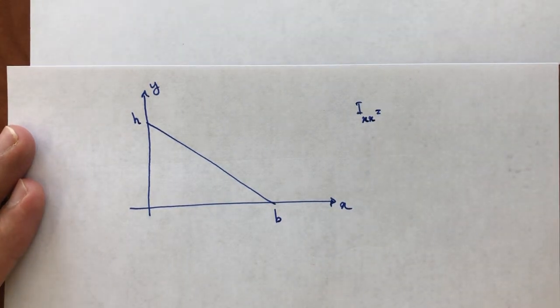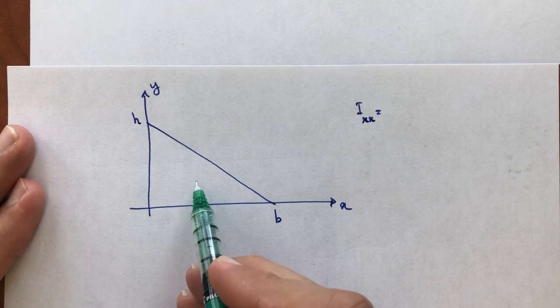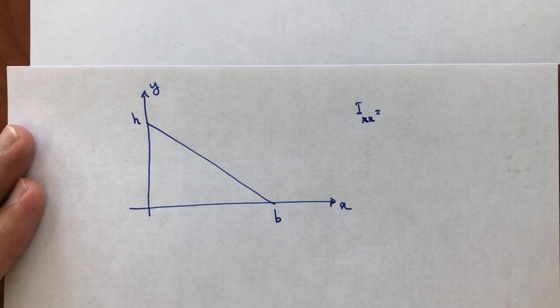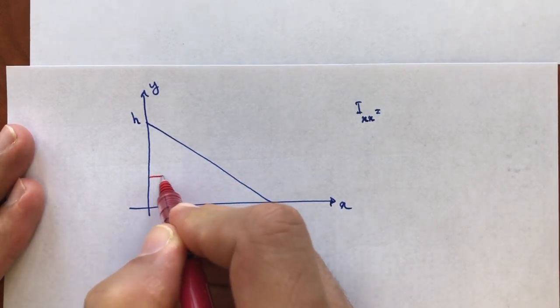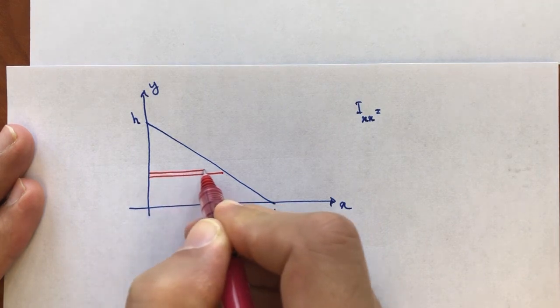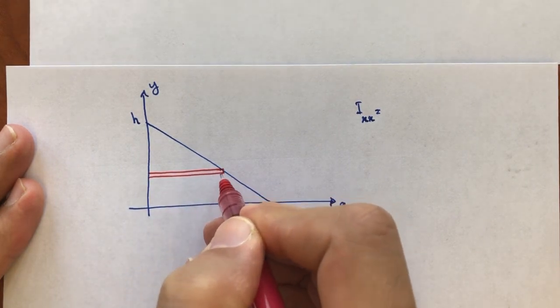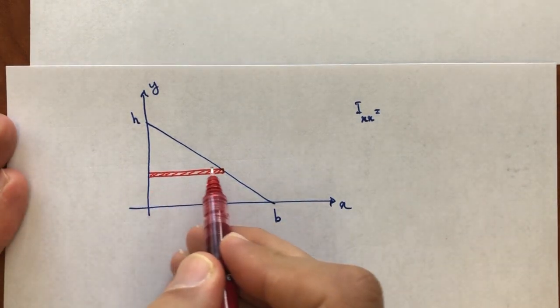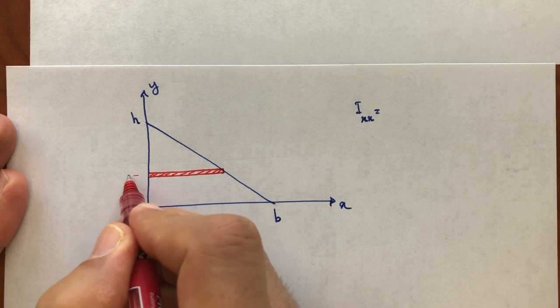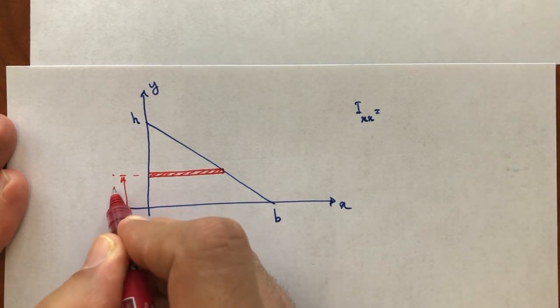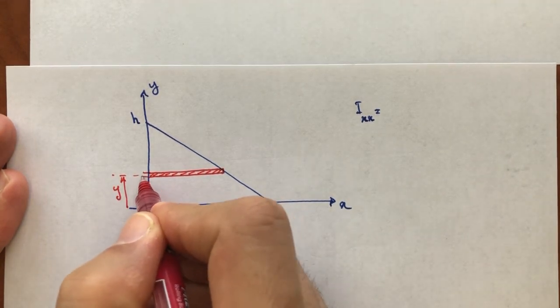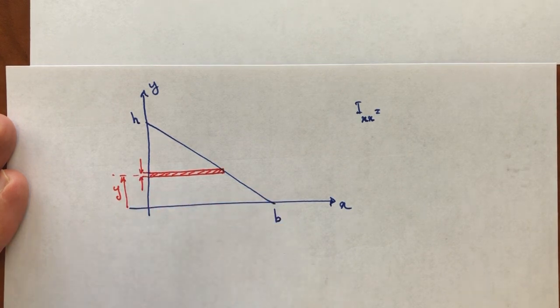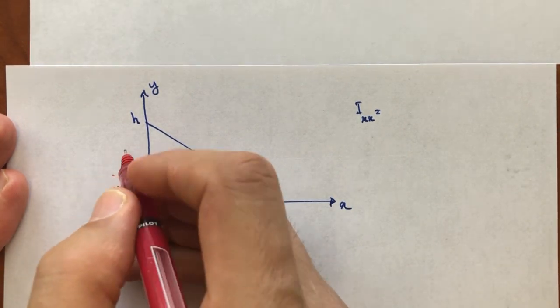So instead of choosing a rectangular element, I'm going to choose horizontal strips. If you choose tiny strips parallel to x at a distance y from the x-axis, let's say the height of it is dy.